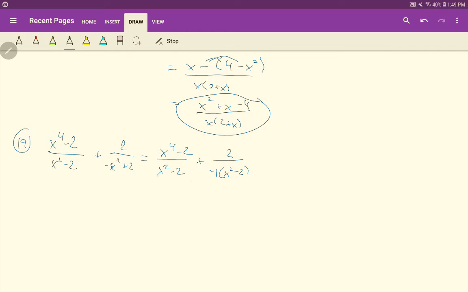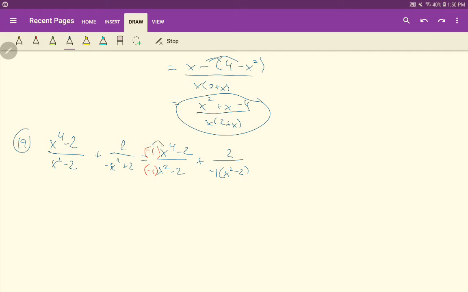Now I can see that this denominator is missing something that the other denominator has. What is missing? The answer is a negative 1, right? So we will multiply the top and bottom by negative 1, like that, and now we'll have the exact same denominators. That's exactly what we need.